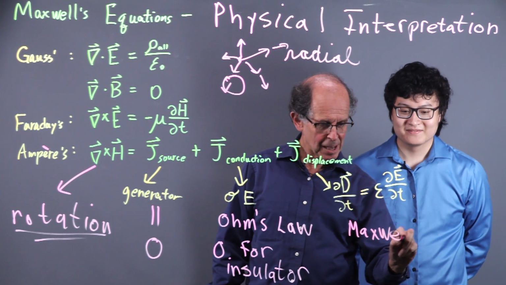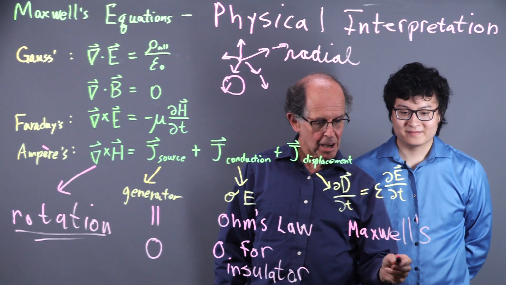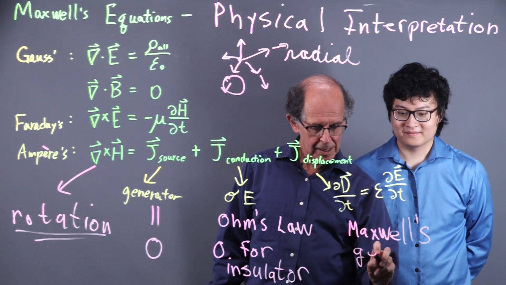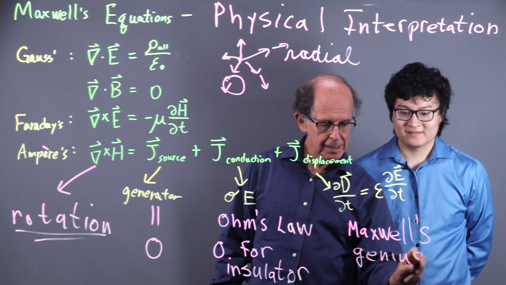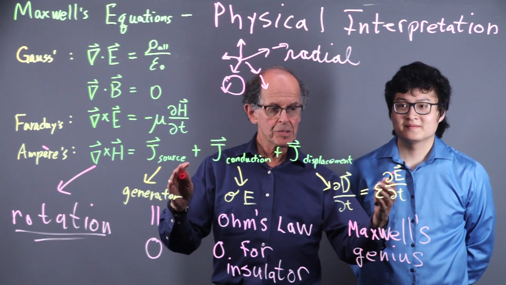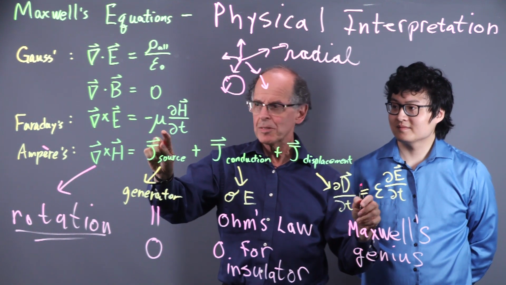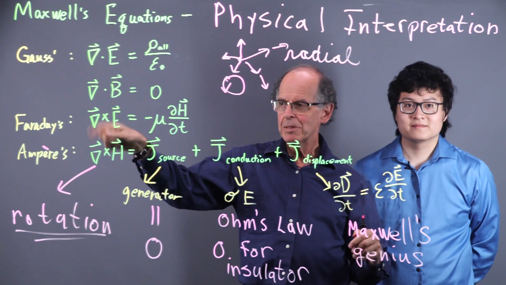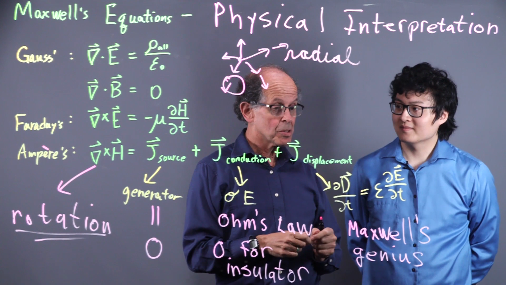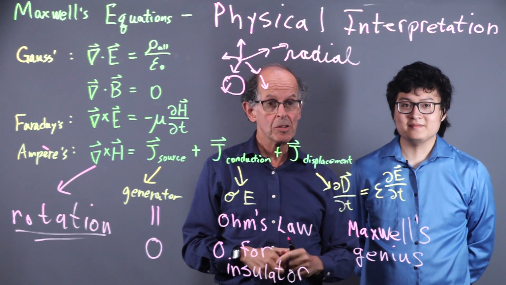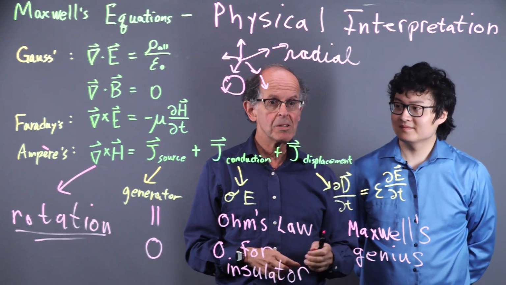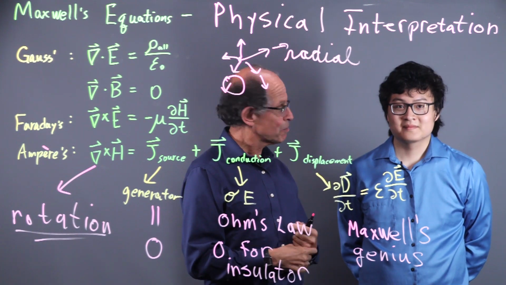So remember that when you encounter the equation again. He's the guy who filled it in. And as a result of this, combined with this, creating curls in both E and H, we're going to get waves. Without Maxwell's genius, no waves. He predicted them 30 years before they were discovered in a lab.